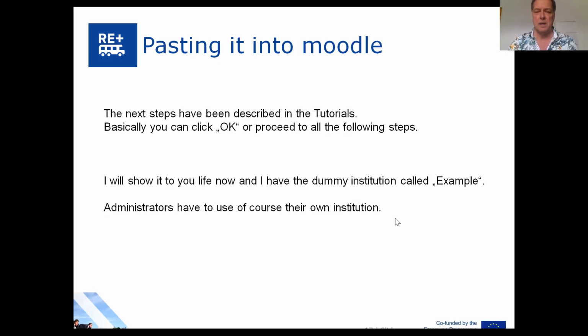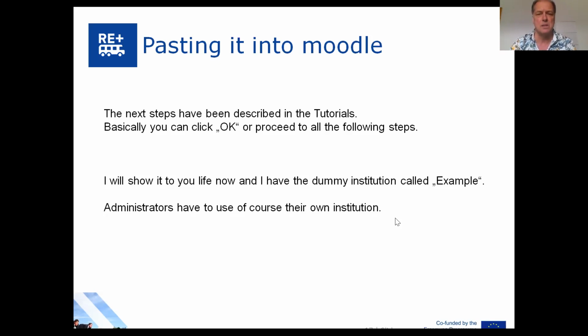For that purpose, we go back to the dashboard, and remember what we wanted to do is to copy the courses that are available in the general part from Moodle into your specific institution, so that you can also modify that.